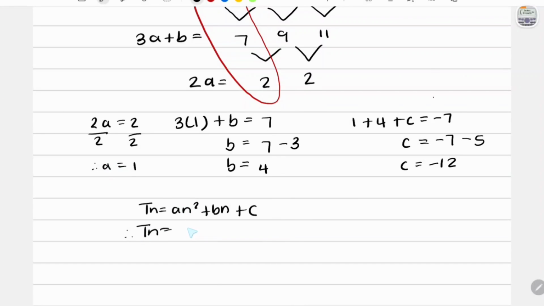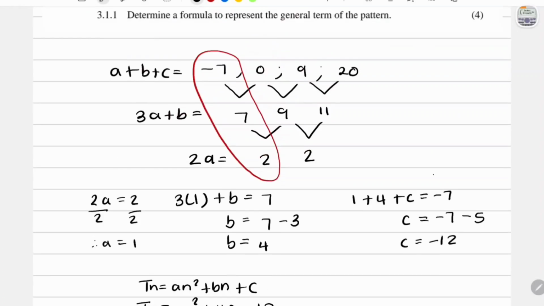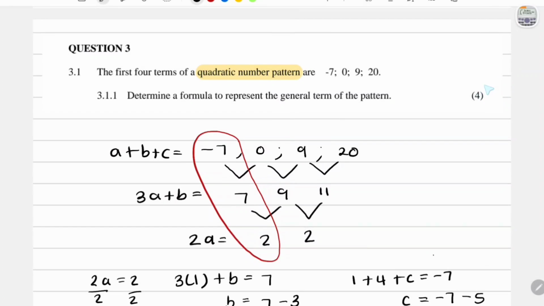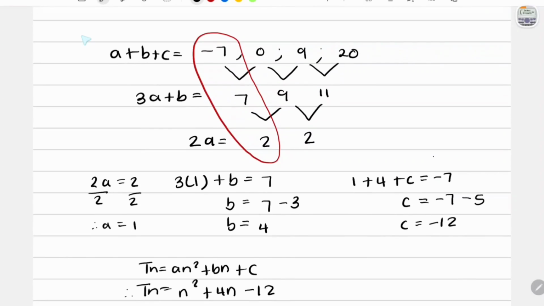So you can say 1n squared, but if it's already 1n squared, you don't have to say 1n. You can just say n squared, okay, the coefficient of a is 1. Then plus 4n. And then because this is a negative, you don't have to say plus -12. You can just say -12, okay? Because plus -12, when you multiply, it still becomes a -12. And that is our formula. Okay, so that is the first question. It is 4 marks. Moving on to the next question.